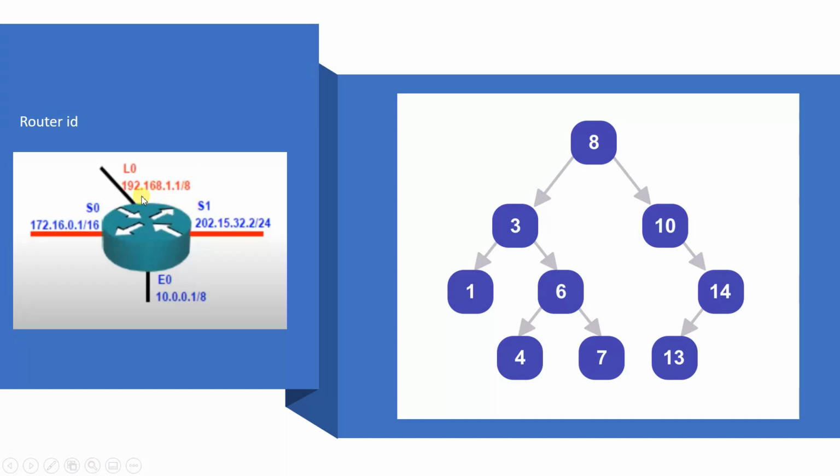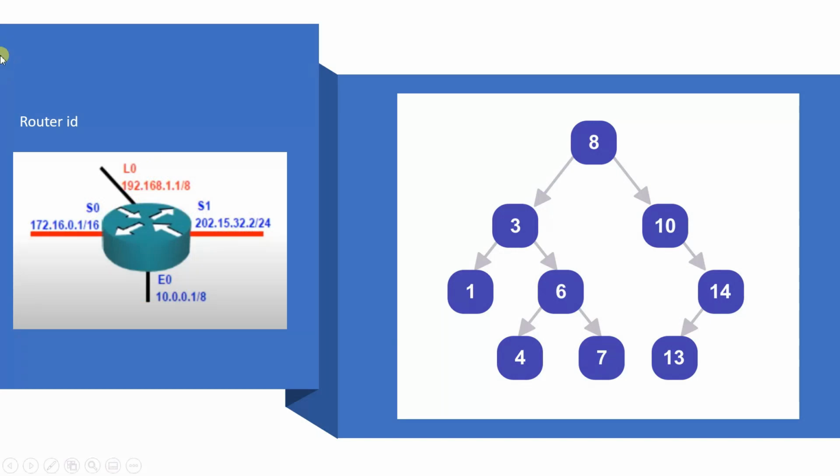Router ID is chosen either manually or the router can automatically assign one. The router ID which we assign takes the first priority. If we don't assign any router ID, then the router takes the highest IP address among the loopback addresses. If there is no loopback address found, then it takes the highest IP address among the connected interfaces.